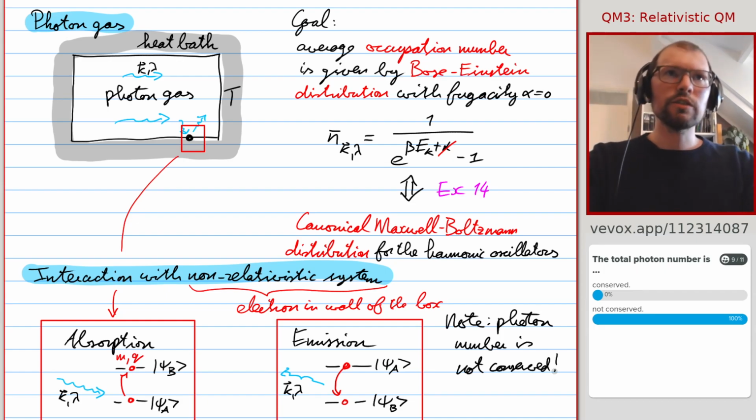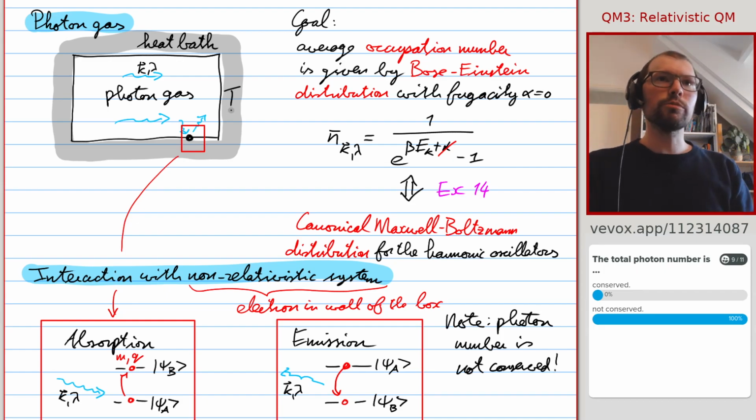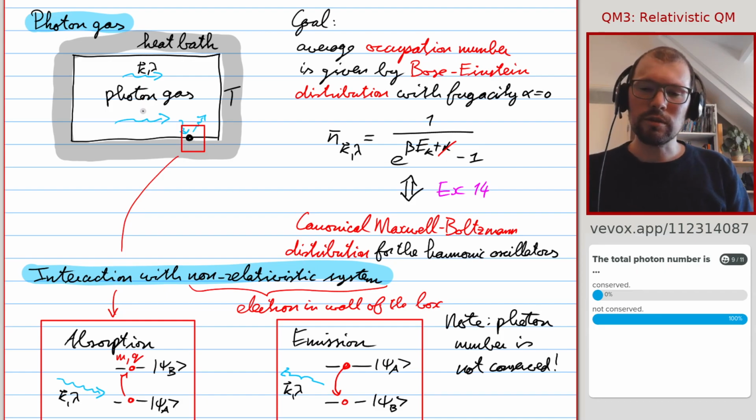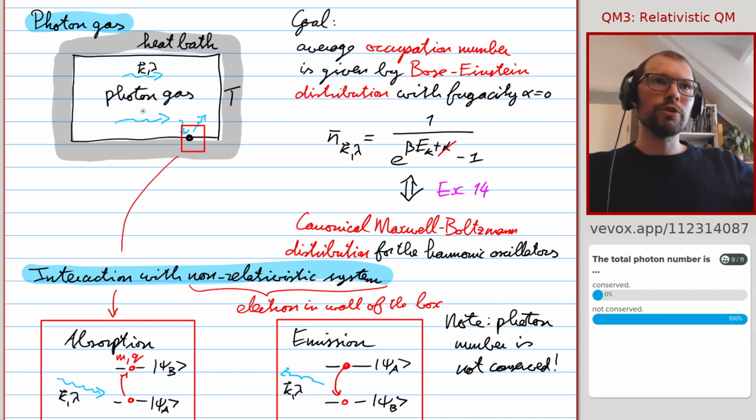So we can always take some, say, thermal energy from our heat bath and turn it into photons. Or vice versa, if I have a number of photons in my gas, I can absorb them in the walls and turn them into thermal energy.